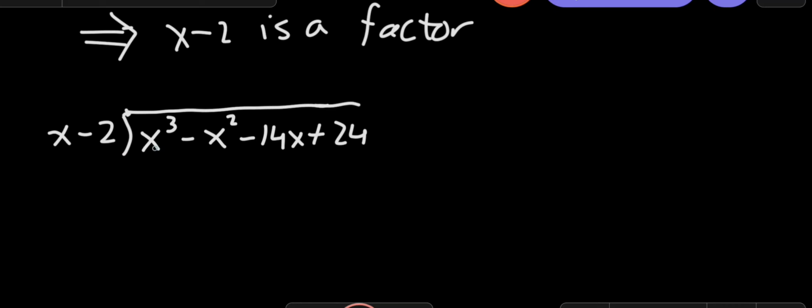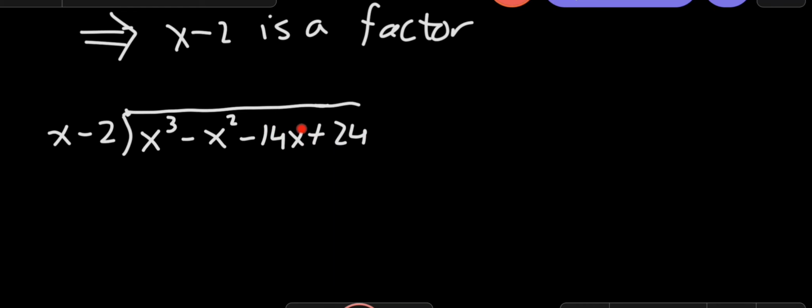So, remember to do the long division. First, we divide the first term of the dividend by the first term of the divisor. And also remember the rule: both the dividend and the divisor must be expressed in descending powers of x, and the powers of x must be descending by ones.